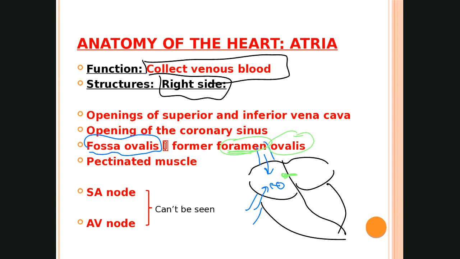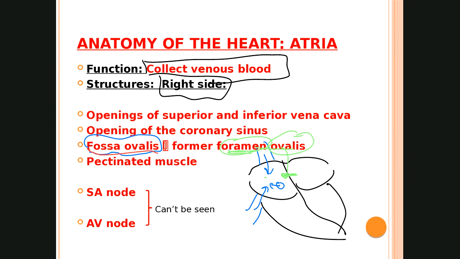The foramen ovalis is this hole that is connecting the right atria and the left atria in the fetal heart. And we'll talk about the function of it here in just a second. Once the person is born, the foramen ovalis closes, and what remains is a little indentation called the fossa ovalis.